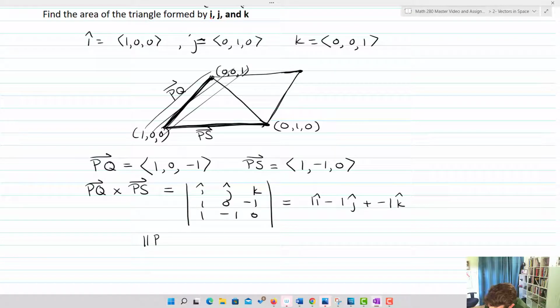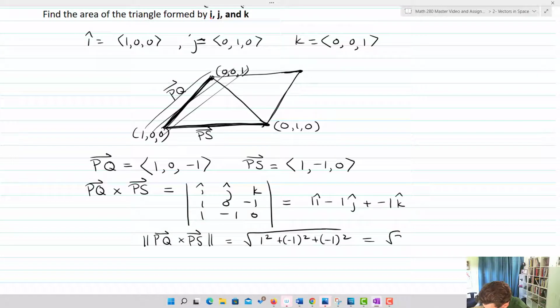So now the magnitude of PQ cross PS is going to equal, and actually, if you think about it, the two vectors have an angle of 60 degrees between them because it's equilateral, but it's neither here nor there. So this is just the square root of 1 squared plus negative 1 squared plus negative 1 squared, which equals the square root of 3.